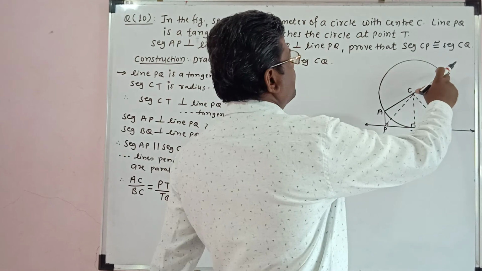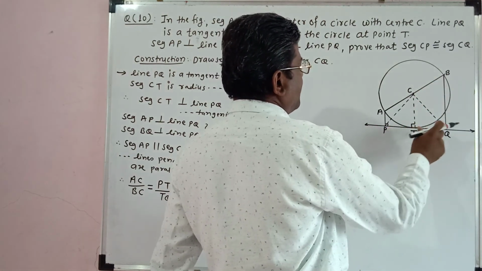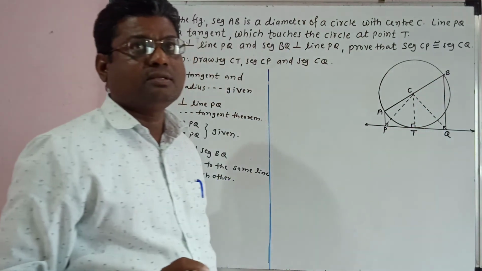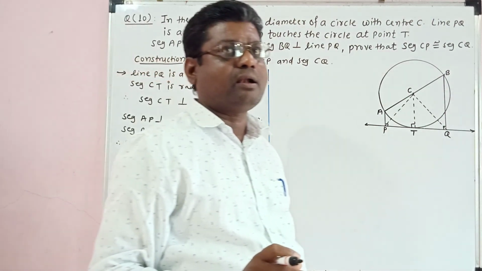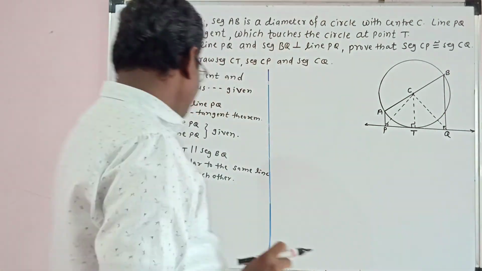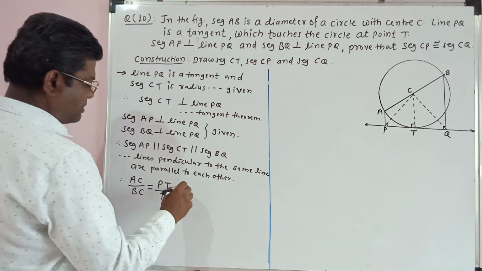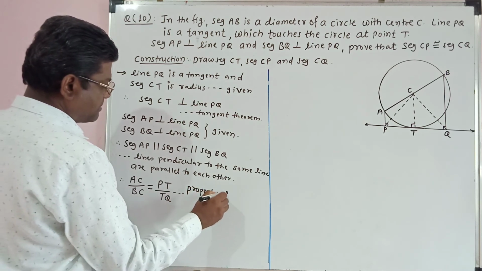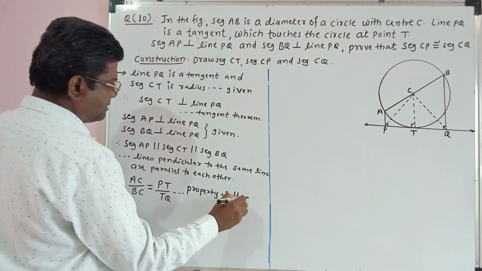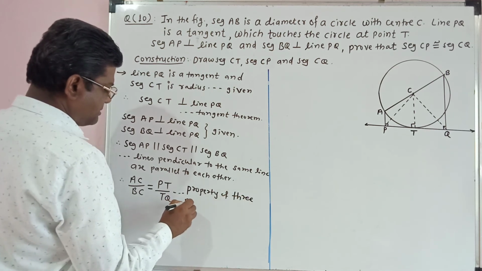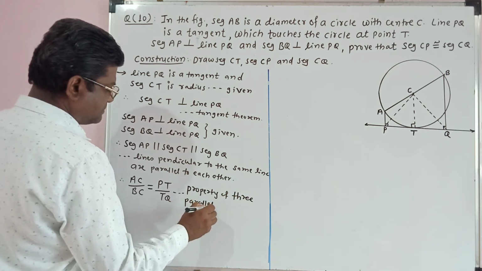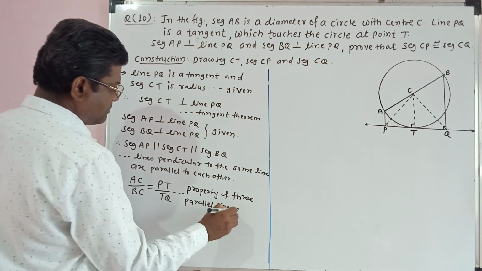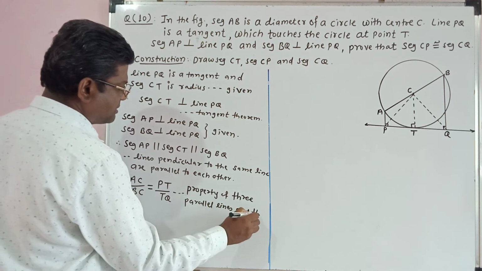This is the property of three parallel lines and their transversal. So we write here: property of three parallel lines and their transversal.